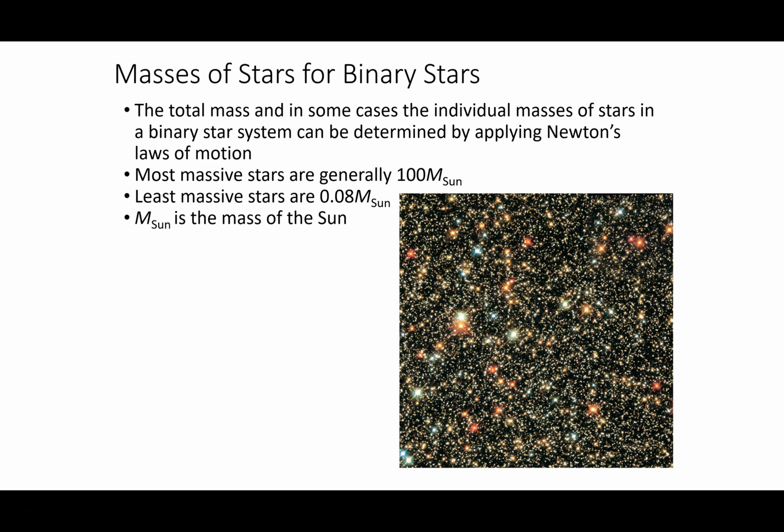Sometimes instead of saying the mass of our sun, we'll call it solar masses. The dinkiest, lightest stars, and we'll talk about why, if you get too light you're not going to be a star, are about 8% or 0.08 times the mass of our sun. That's the range we see.